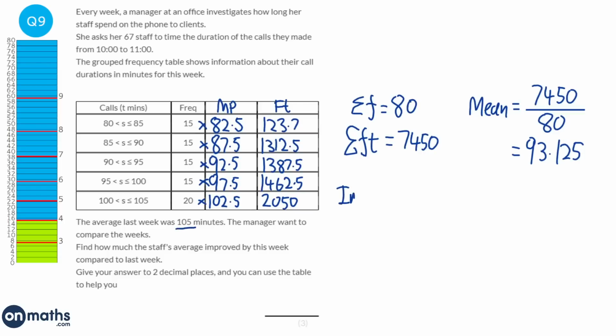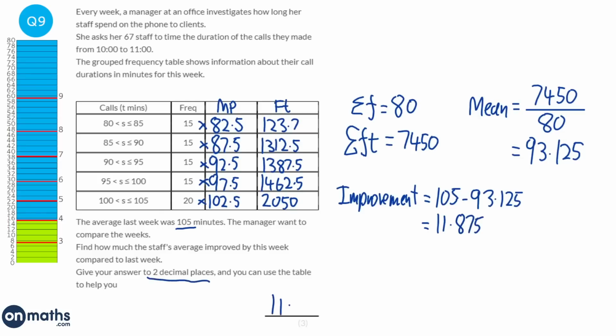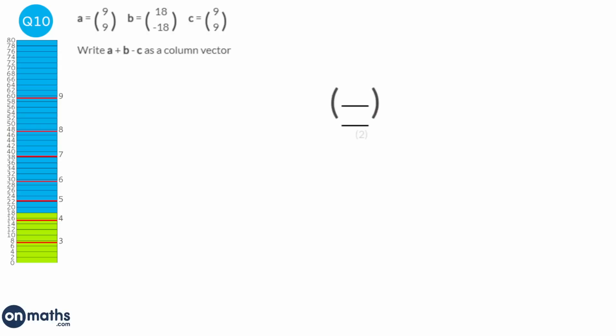So we're looking for improvement, and we're going to do 105 take away the 93.125, and that's going to be 11.875. Now it does ask for 2 decimal places, so that will be 11.88.